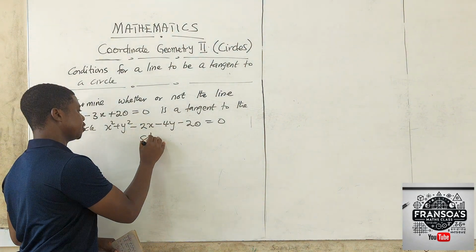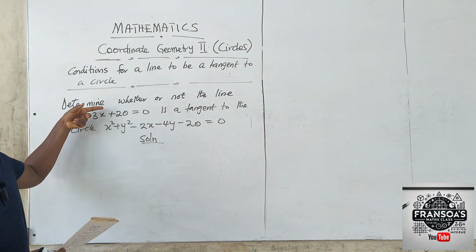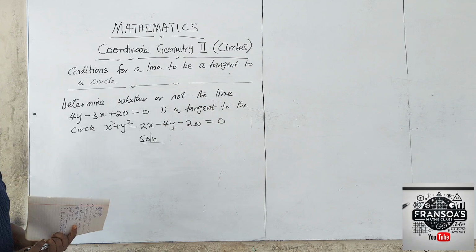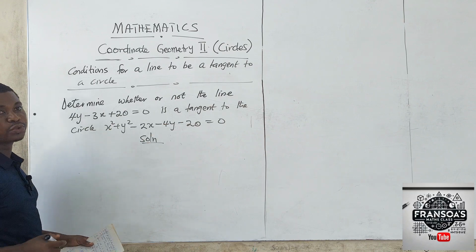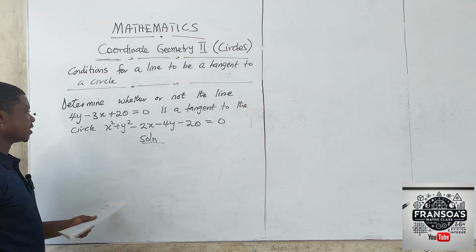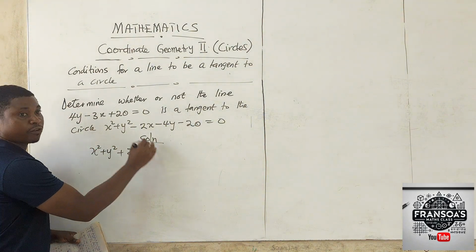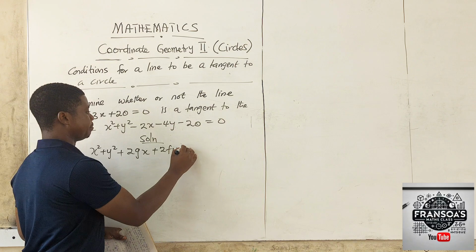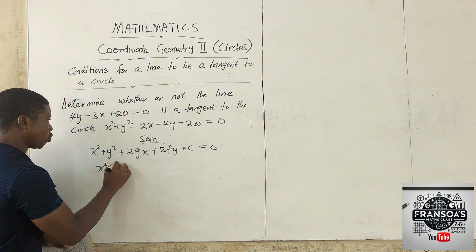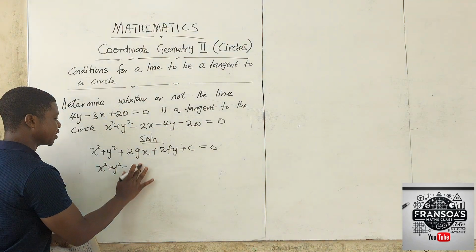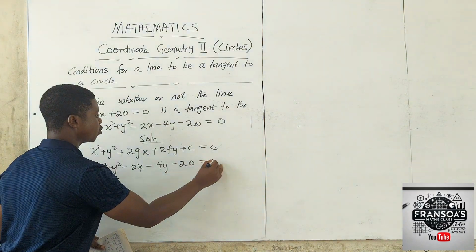So first, we need to get our radius and center, because the center will be the point for the perpendicular distance. So let's use the comparing coefficients. We have x squared plus y squared plus 2jx, that's the general formula, plus 2fy plus c equal to 0, and the equation of circle given is x squared plus y squared minus 2x minus 4y minus 20 equal to 0.